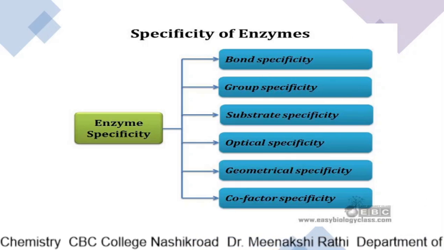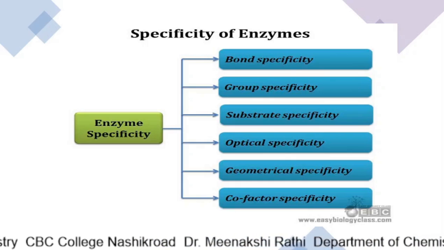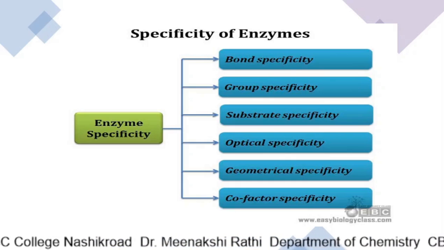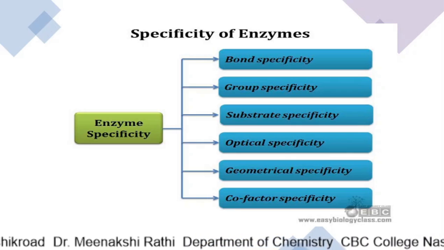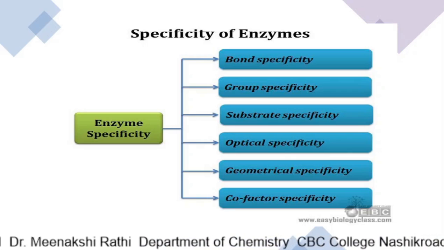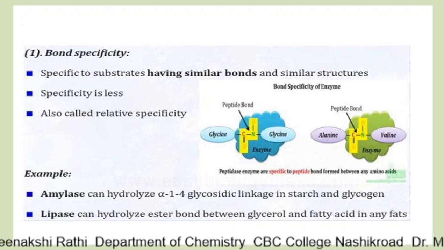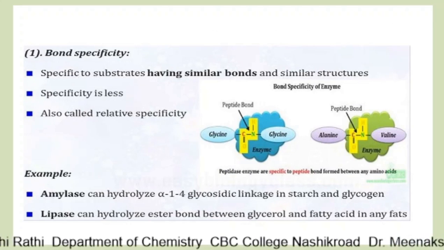So we will discuss one by one all these different types of specificity: bond specificity, group specificity, substrate, optical, geometrical and cofactor specificity. First we will see what you mean by bond specificity.